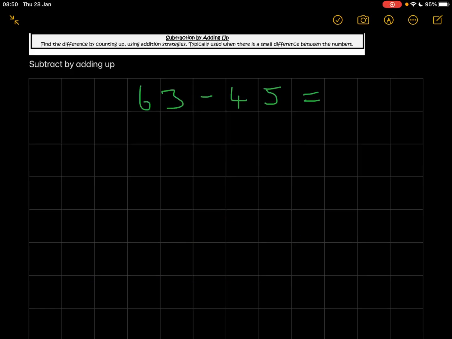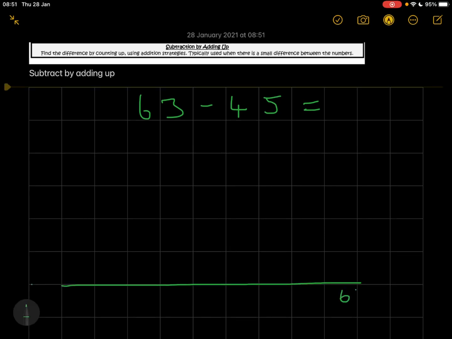Subtract by adding up. This is where you find the difference by counting up using addition strategies, and it's typically used when there's a small difference between the numbers, so you don't have far to go. So for example, instead of starting at the number 63 and counting back, which is the more traditional method, you might instead start at the number 45 and count up.